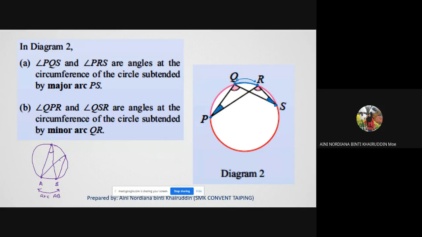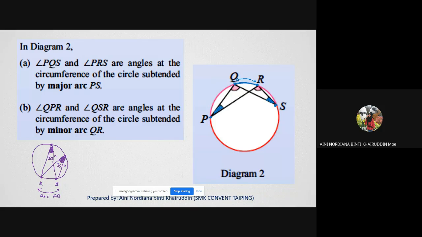There's also an arc here. An angle. So these two angles have the same value. Let's say here 30 degree, here also 30 degree.